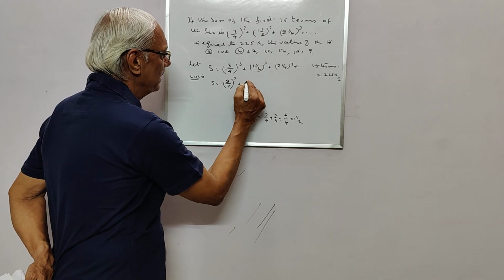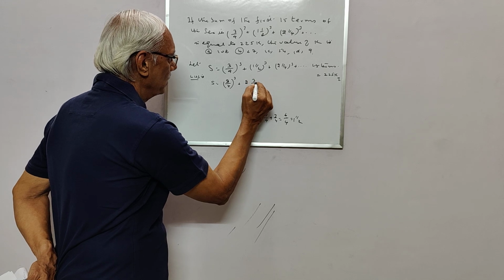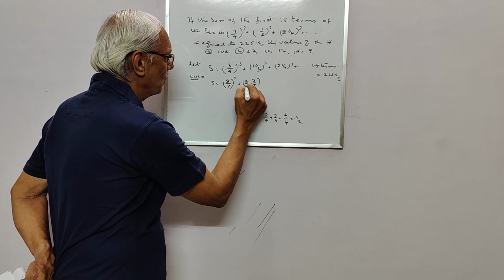So this can be written as 2 times 3/4, whole cubed.